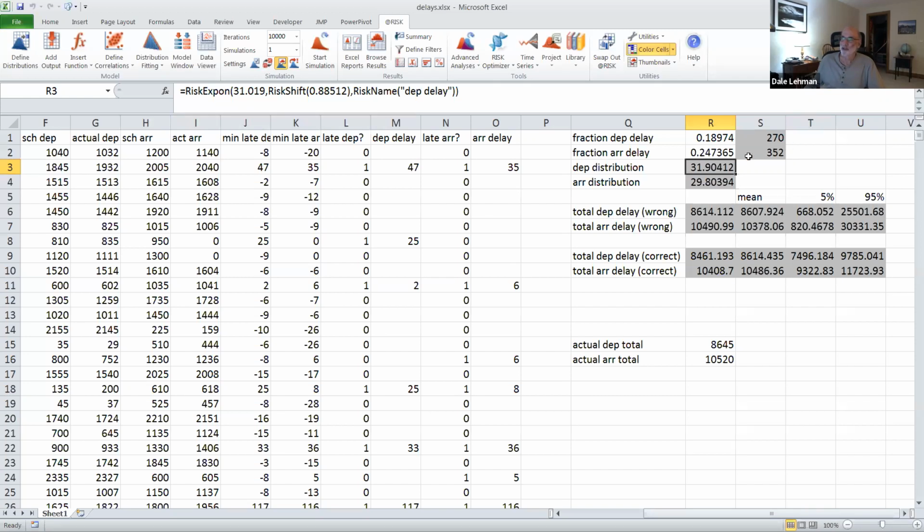Whereas on the right, all we have is this part and this part. That's the size of the model. You can change the number of flights to any number you want, and the model doesn't have to get any bigger. So it's a very efficient way to model very realistic and large problems.